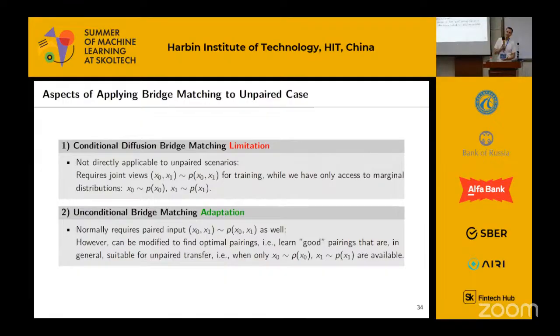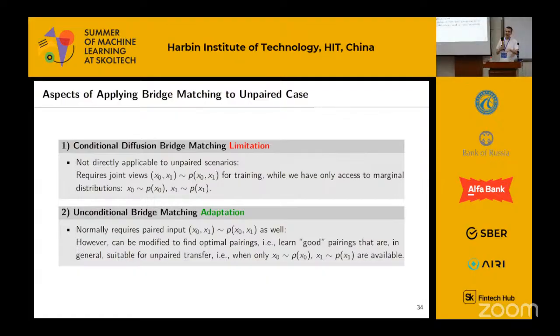Can they be applied? Well, unconditional models actually also require some pairing to be trained, right? You can take some independent pairing or something like that, but you never know which pairing your model will learn in the end, and whether this pairing will be sufficiently good in the sense that it provides content preservation during translation from one domain to the other.